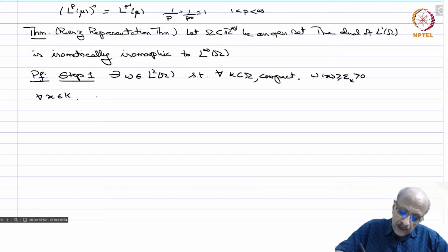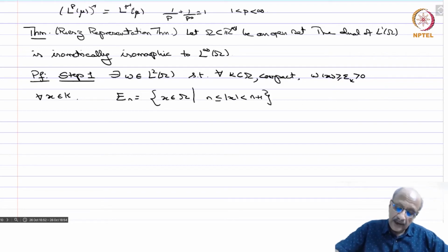So how do we do that? You consider E_n as usual, like we did earlier, only now you take annuli: the set of all x in omega such that n <= |x| < n+1. So omega will be the union of the E_n, n equals 0 to infinity.